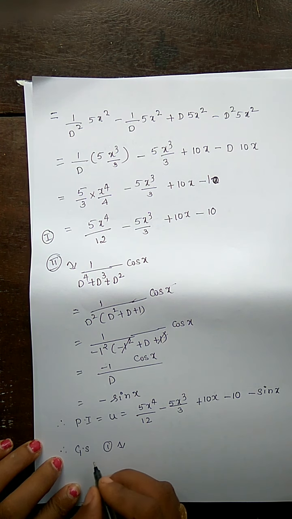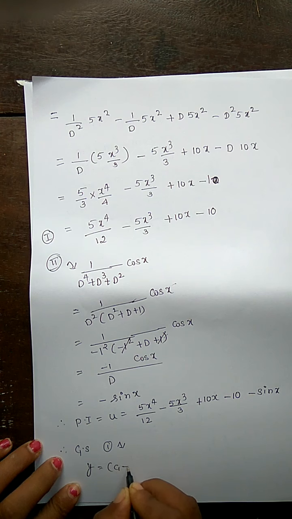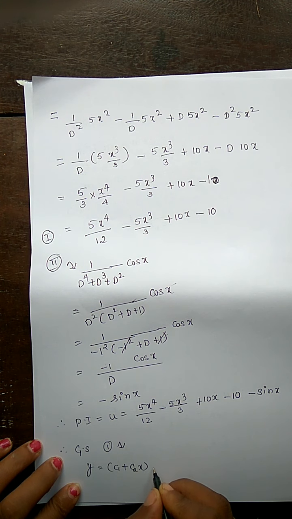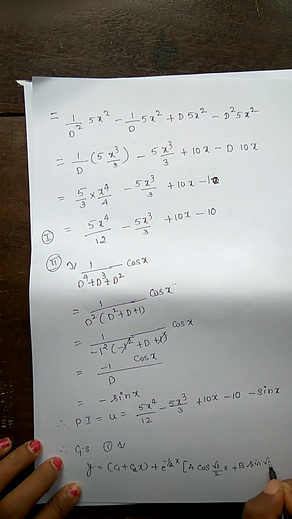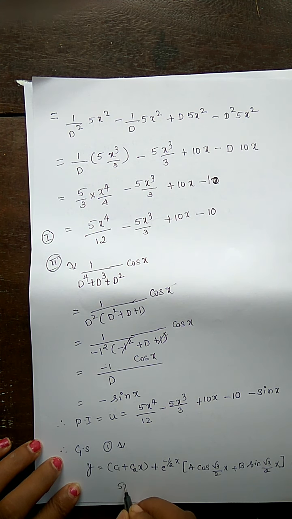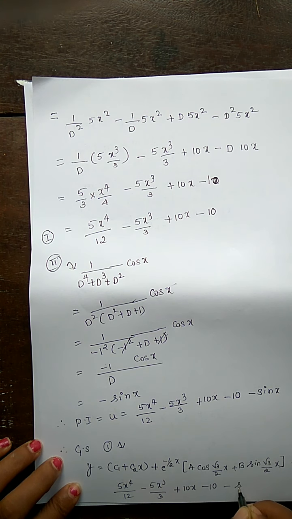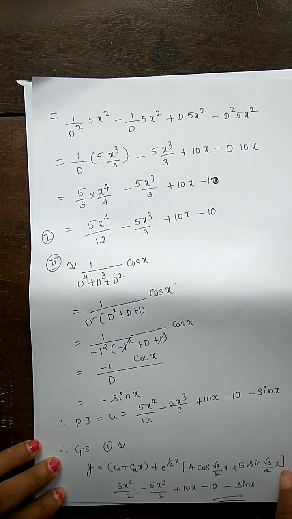So, complementary function was, so here y is equal to c1 plus c2 x into what we obtained plus e power minus half x into a cos root 3 by 2 x plus b sin root 3 by 2 x, that is a complementary function, plus this particular integral 5x power 4 by 12 minus 5x cube by 3 plus 10x minus 10 minus sin x, where c1, c2, a, b are arbitrary constants.